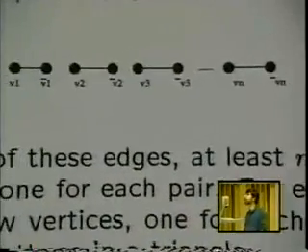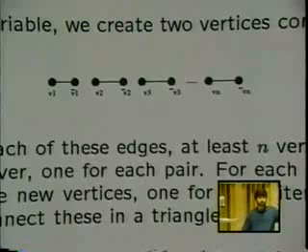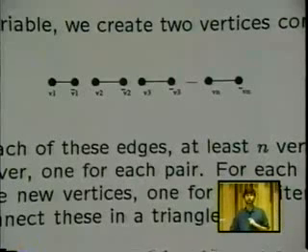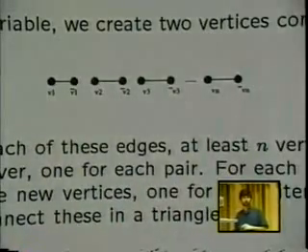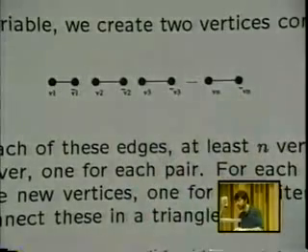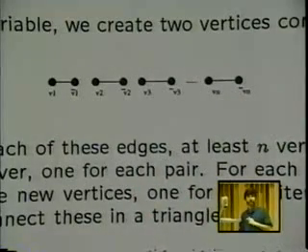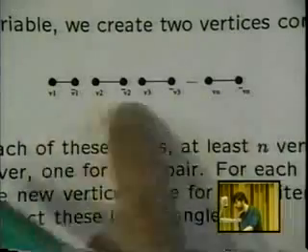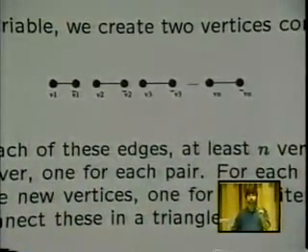If I have n variables in my SAT problem, how many vertices am I creating here total? 2n vertices. How many edges have I just added? n. If I want to find a vertex cover of the graph so far, what was a vertex cover?